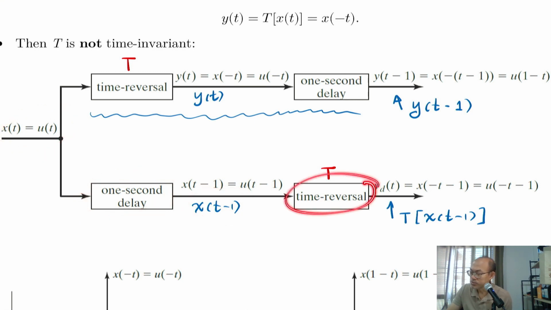What the system does is time reverse the input. We all know that to time reverse a signal, we have to change the sign of t to minus t. So you see the results from these two processes are not the same. That means the system here is not time invariant.